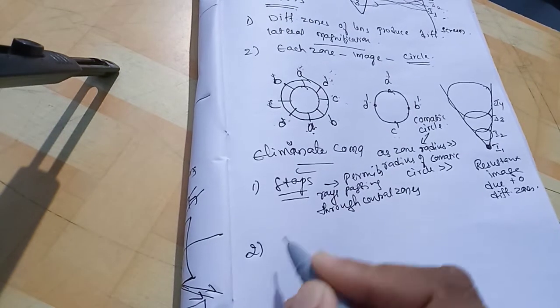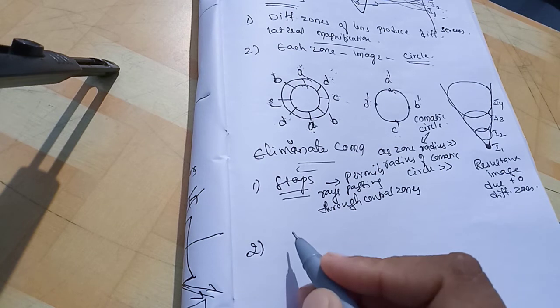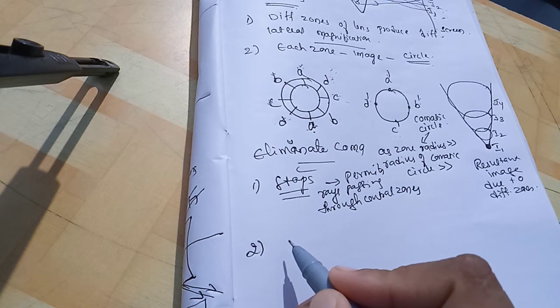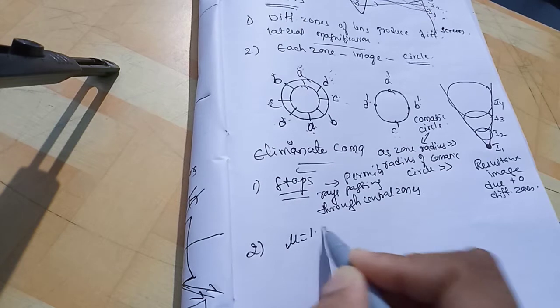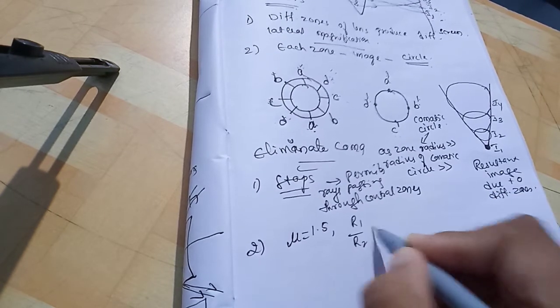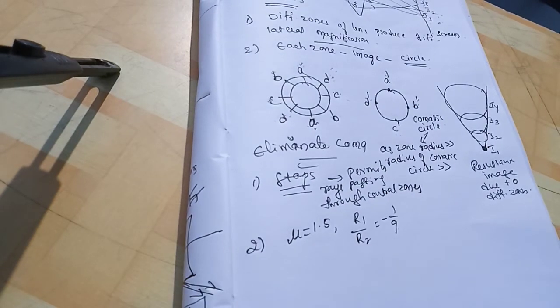And second one, coma may be minimized by designing the lenses of suitable shapes and materials. For examples, lens with refractive index 1.5, R1 by R2 minus 1 by 9 can make the lens free from coma, right?